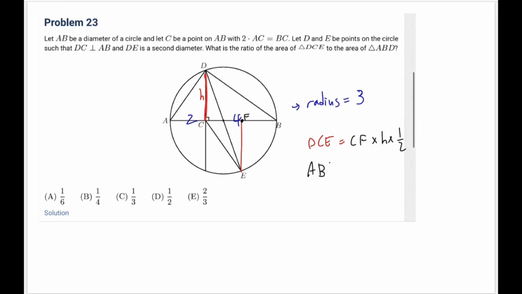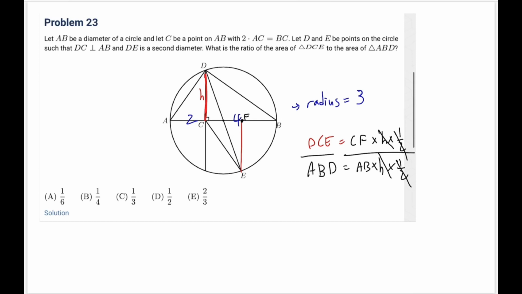And then ABD is AB times h times half, right? And since this is perpendicular, that is the area of ABD, right? And so let's take this away and this too. So the ratio of the area of DCE to the area of ABD is this over this. h is gone, 1 over 2 is gone, so it's CF over AB.